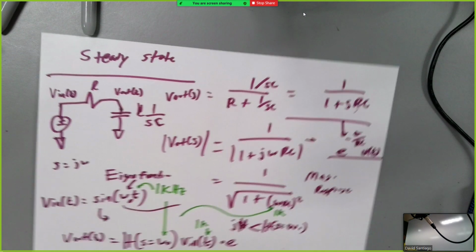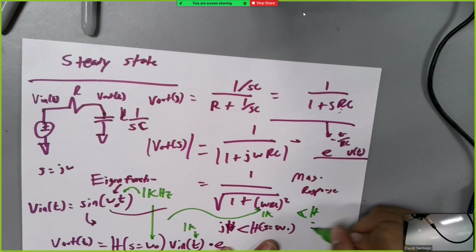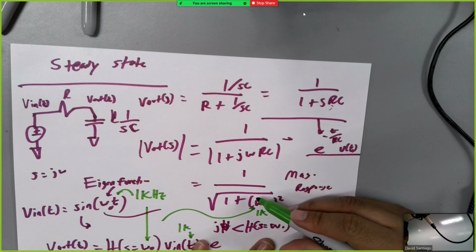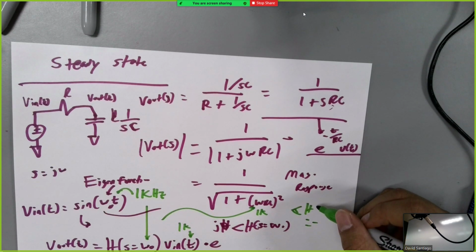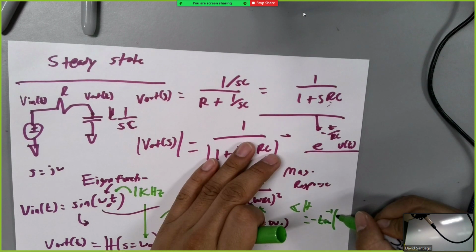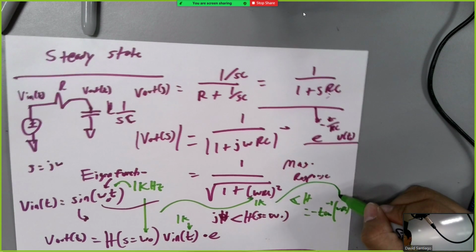And then you already know how to get the angle, right? Angle of H is equal to minus tan inverse of omega RC. Then just punch in the 1K in there.